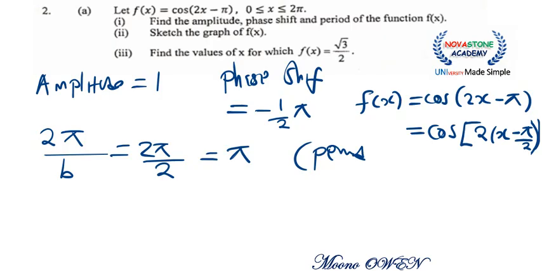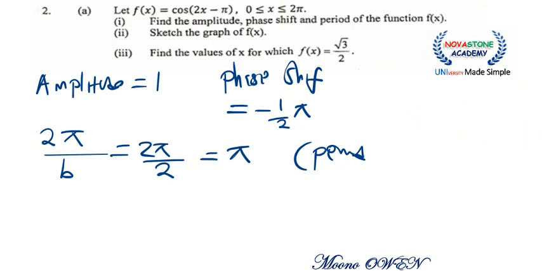Okay, so allow me to rub this part. So we can write the amplitude, which I'm just going to abbreviate as A, it's 1. The phase shift, which I'm just going to abbreviate as PS, it is, what is it? It is 1 over 2 pi.